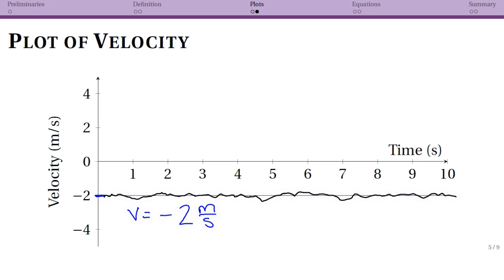However, you really don't want to try to create a physics model for how Dr. Ackerman is klutzy. That's not the goal. So instead, we would ignore all of those fluctuations that have actually occurred in our data, and we would say that we can simplify this to be uniform motion of negative 2 meters per second.